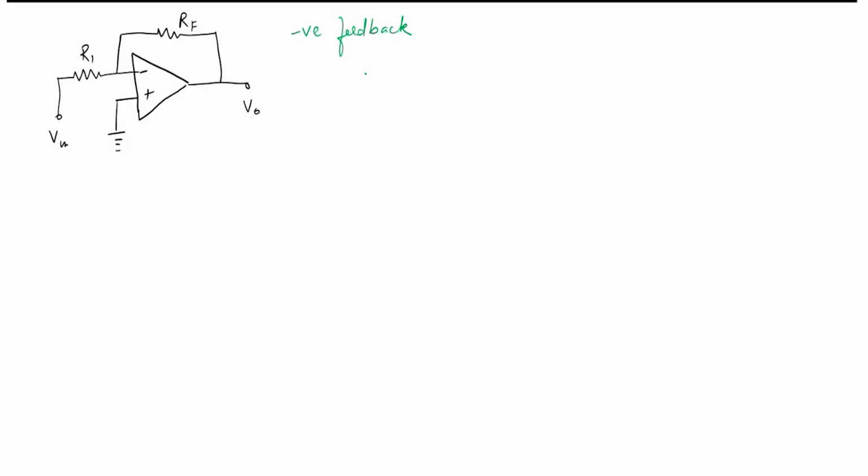I am giving the input at the inverting terminal, so the output will be inverted, and the inverted output is given as the input, so it will be a negative feedback. Fine. This circuit is also known as the inverting circuit.